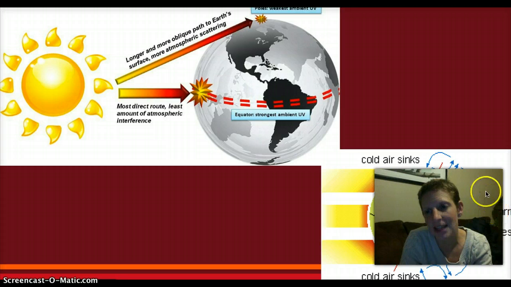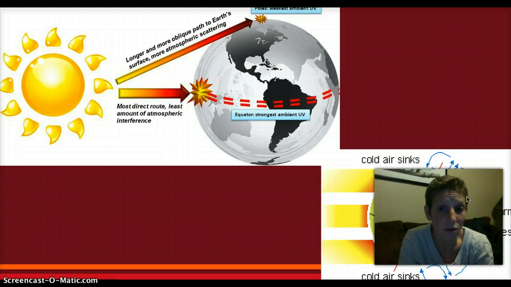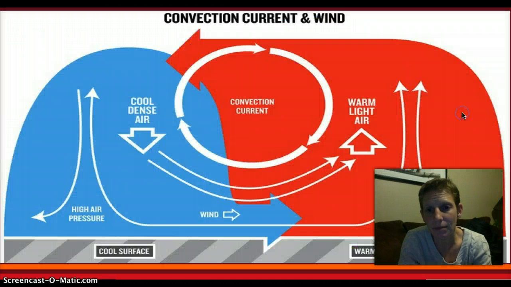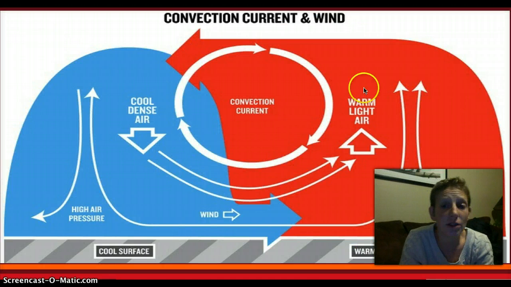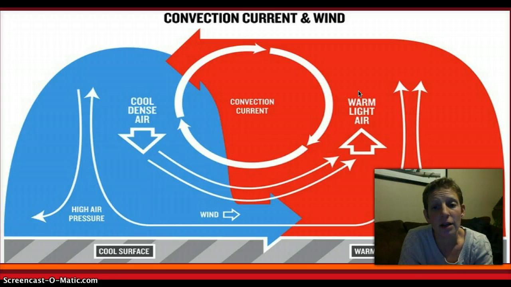That gives us convection cells, and that's what pretty much gives us wind. This illustration shows how the warm, light air rises and the cool, dense air sinks, and that cycle causes wind, which also has to do with pressure and density as well as temperature.